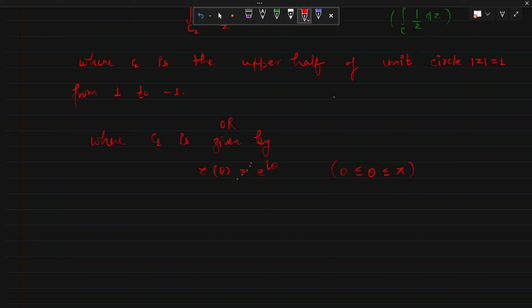Either we are told that C1 is the upper half of the unit circle, so we know how to draw the unit circle. Suppose this is our complex plane, this point is 1 and this point is -1. So C1 is the upper half of the unit circle from 1 to -1. The orientation is anti-clockwise, that is the positive orientation.